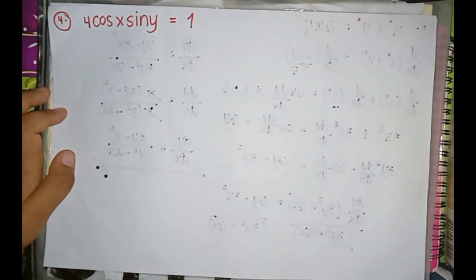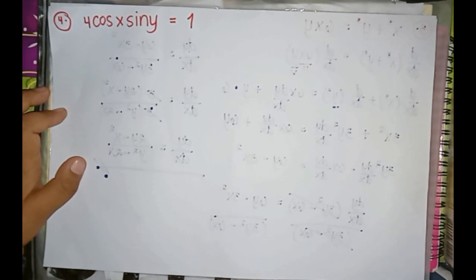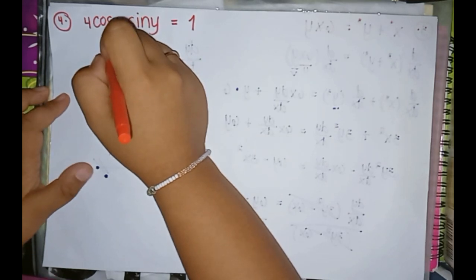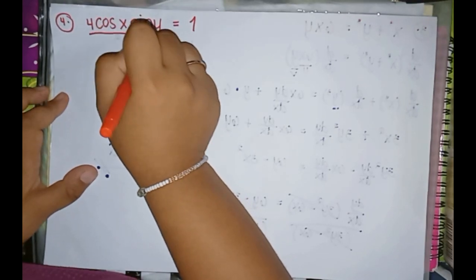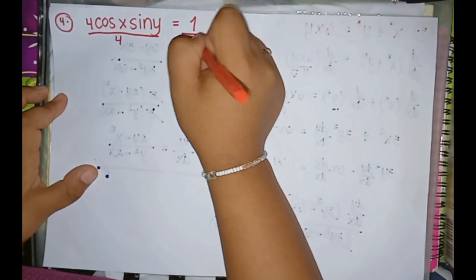So without much further ado, we are left with another example, this time involving trigonometric functions. We have 4 cosine of x multiplied by sine of y is equal to 1. So before we start differentiating, or before we start getting the derivative of both sides, let us first simplify this equation by dividing both sides by 4.